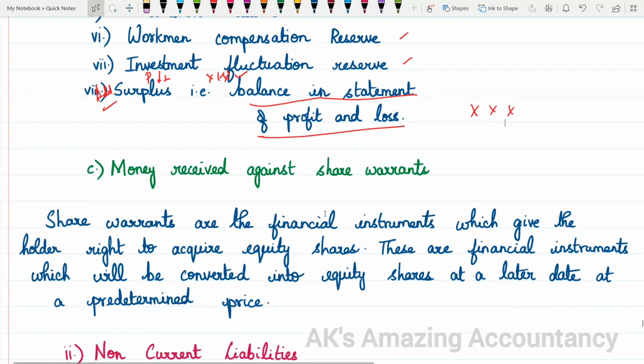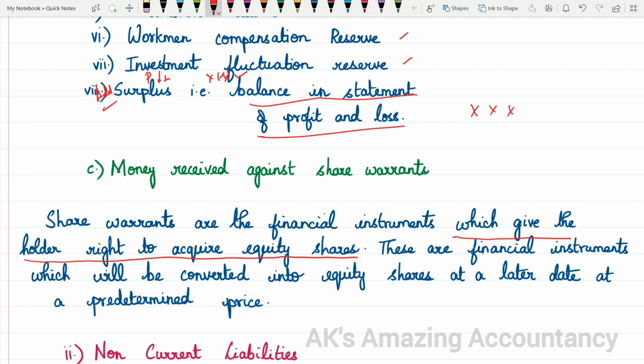When you say money received against share warrants, first of all, you should know what share warrants are. Share warrants are financial instruments which give the holder the right to acquire equity shares. So the holders of the share warrants have the right to acquire equity shares.